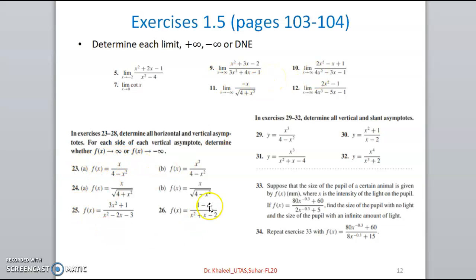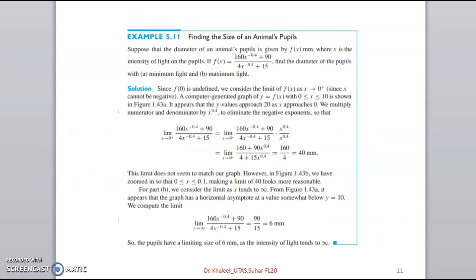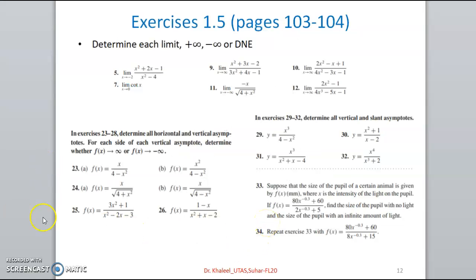Here you are going to find all the horizontal and vertical asymptotes for these examples, and the vertical and slant asymptotes, and this is the example which I discussed in this case. We will discuss more detail in the live class.